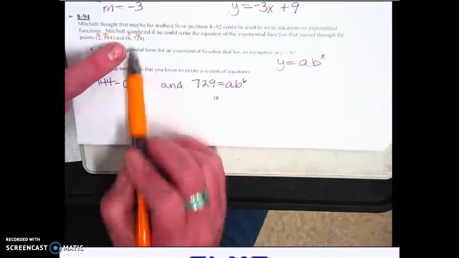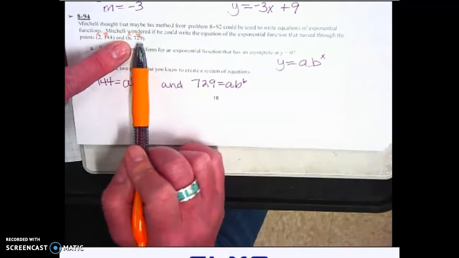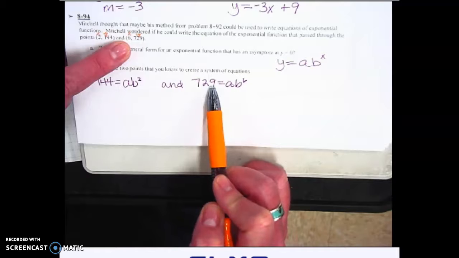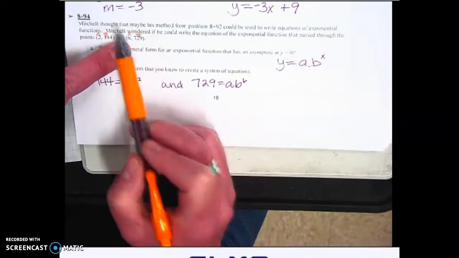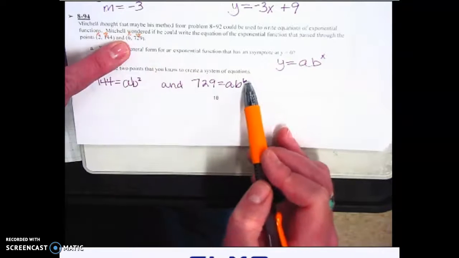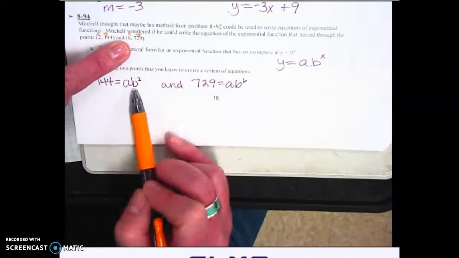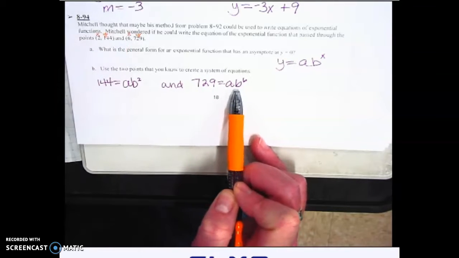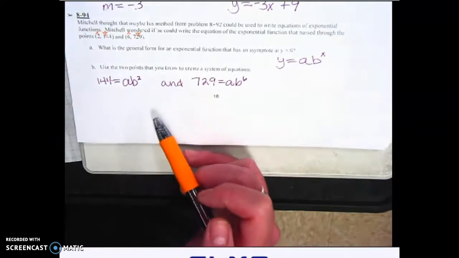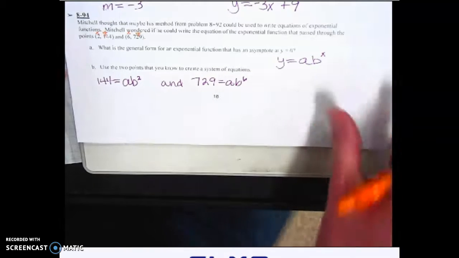Then I did it for the second point. For the second point, we have a 729 going in for the Y. And we have a 6 going in for the exponent right here. So here's our 2 equations. Looks a little bit different than the slope-intercept one, but we're just plugging in for the X and the Y, okay? This problem continues at the top of page 19.